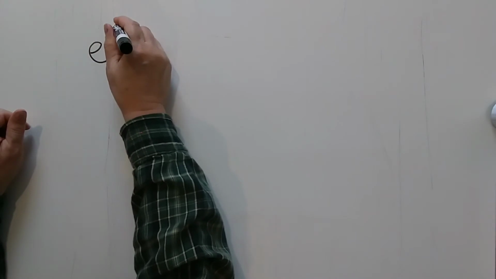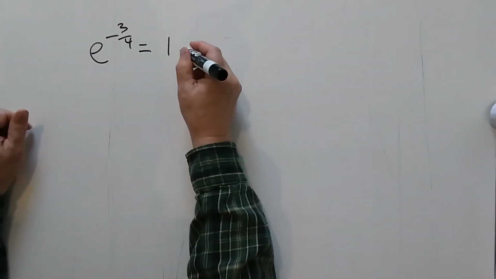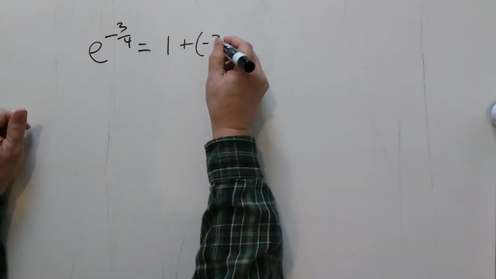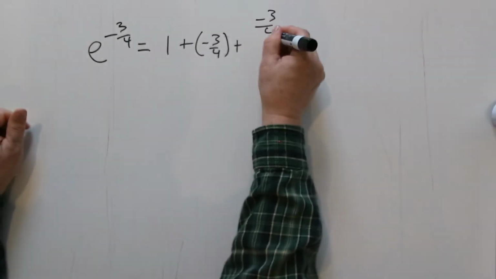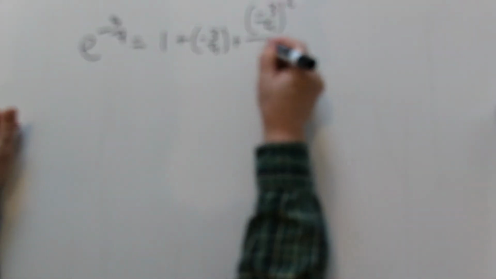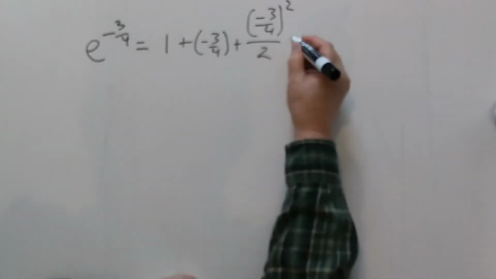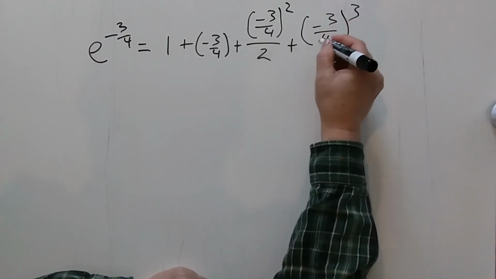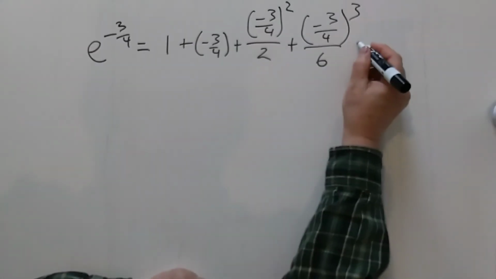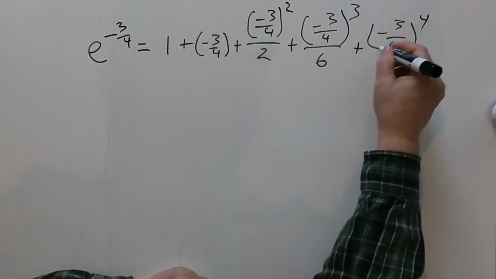Let's do e to the negative 3/4 power. This would be 1 plus negative 3/4 plus negative 3/4 squared over 2 factorial, plus negative 3/4 cubed over 6, plus negative 3/4 to the 4th over 24.